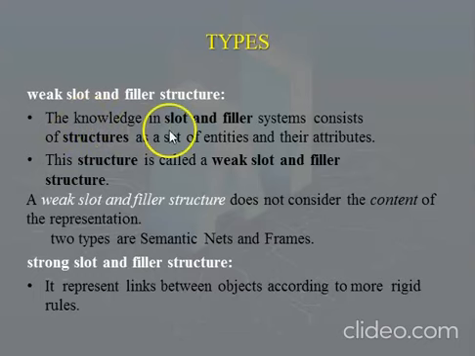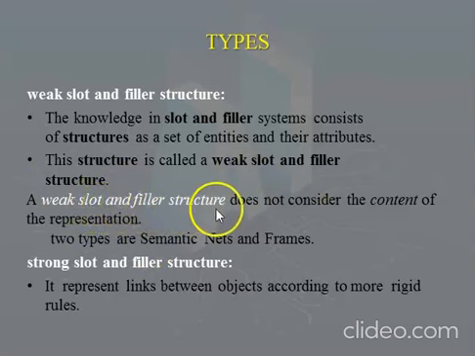The knowledge in a slot and filler system consists of structures as a set of entities and their attributes. We have seen that the structures and their attributes are described in this slot and filler form, and the attributes will be mapped with their valid values. This is called weak slot and filler structure.